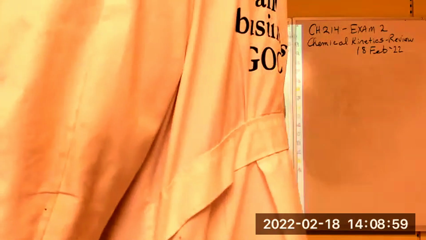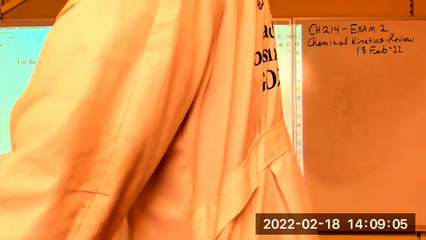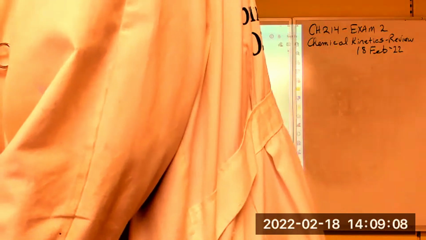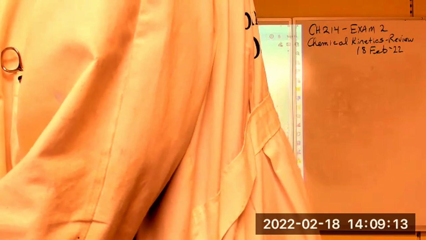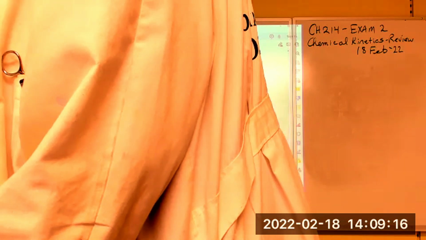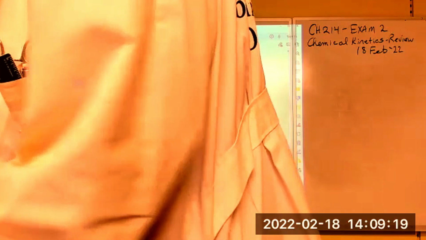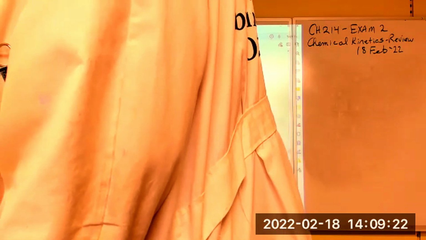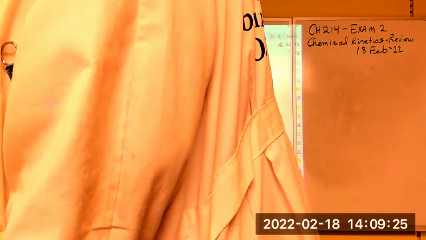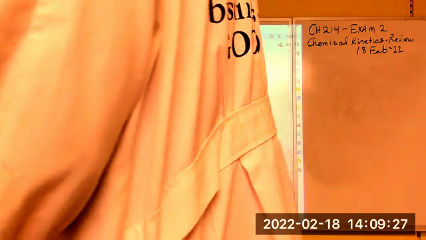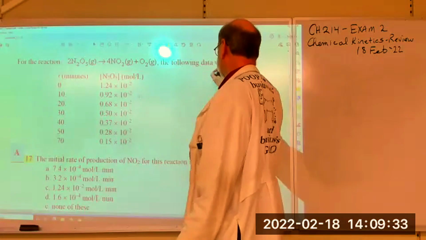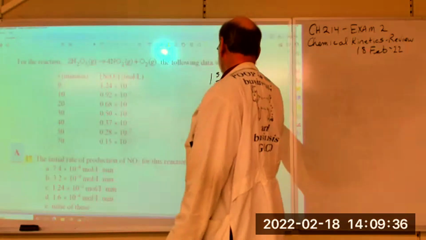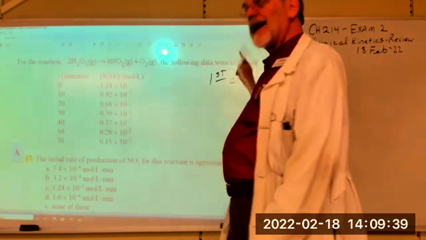But on an exam, it needs to be simplified so that you don't need that information. I'd have to skip this one. Because I determined from my Excel program, this is a first order equation, so I would tell you this is first order. Say, there's the data and it's first order.